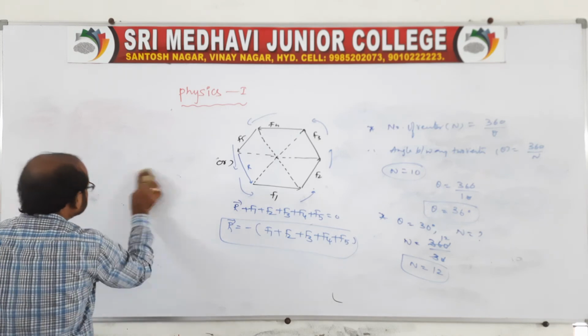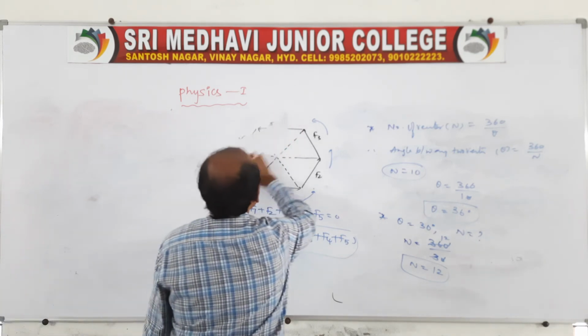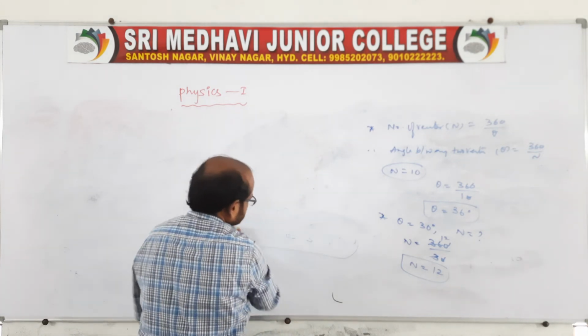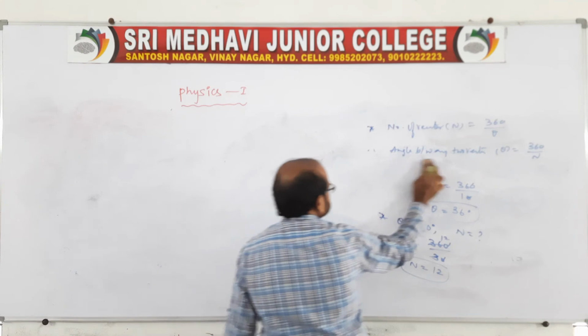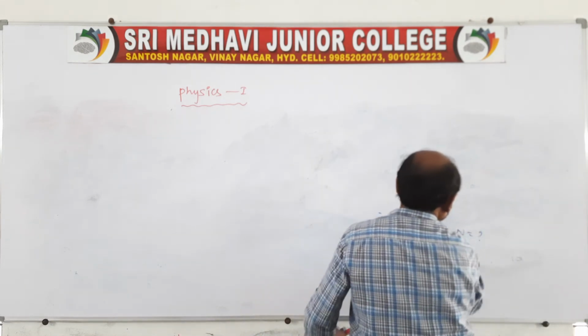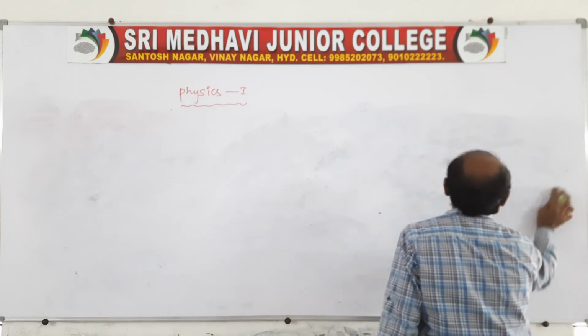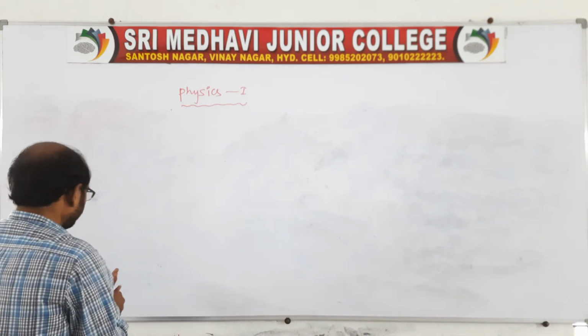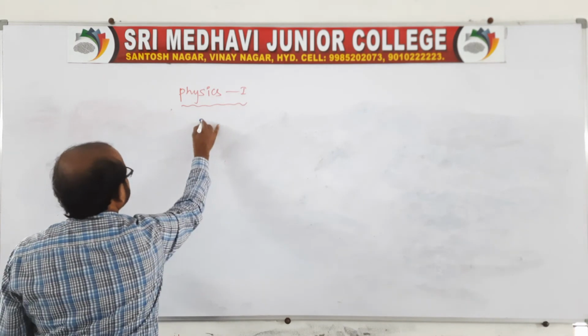Now let us move to the plane. First of all we should know about planes. Sir, what are planes? In a plane, we can say a 2-dimensional plane or a 3-dimensional plane, in that case now we have to discuss planes. Here you write plane.